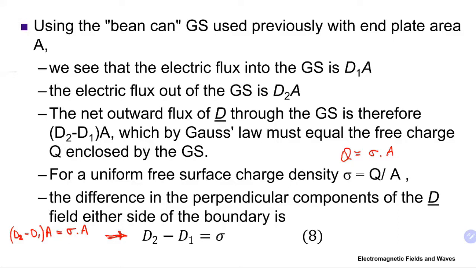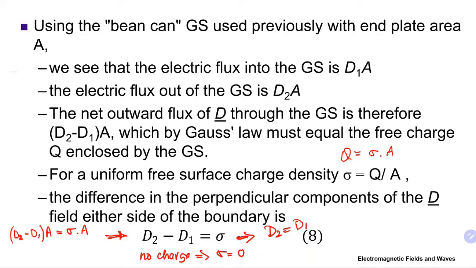Okay, so go back to our original boundary condition where there is chargeless, meaning that sigma equals 0. So if there is no charge, then we have sigma equals 0. Therefore this equation ends up with D2 equals D1, which is our original boundary condition for chargeless conditions.